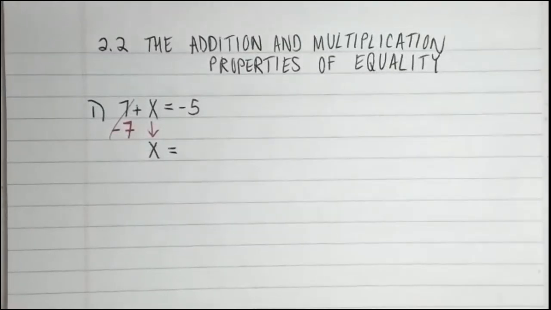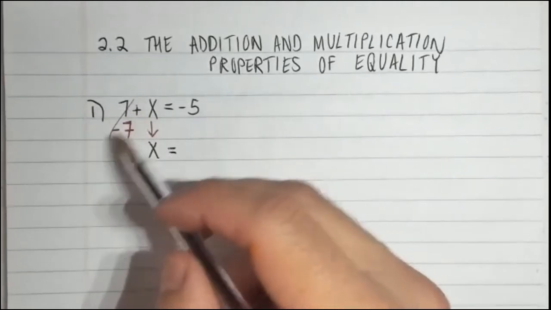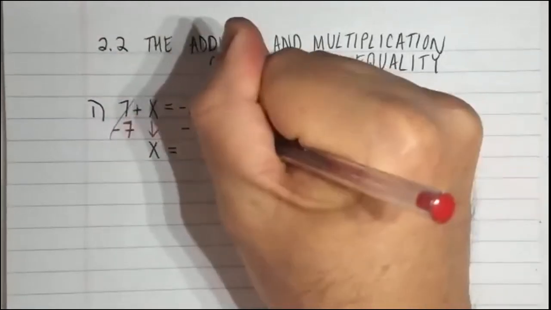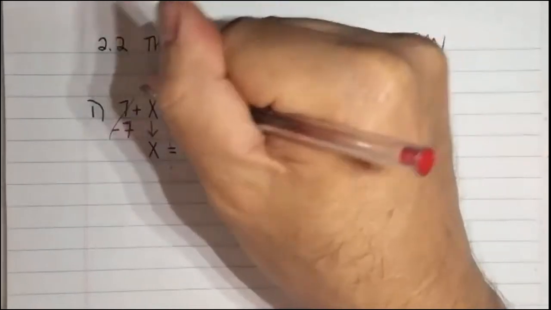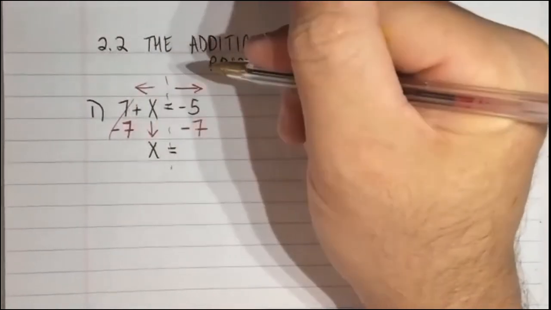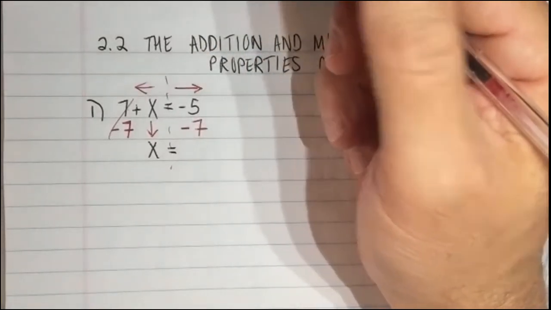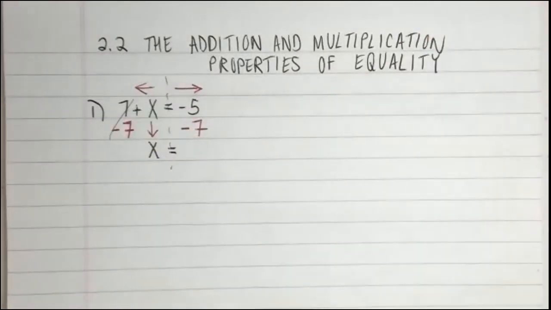What is important to remember is whatever I do to one side, I have to do the same operation to the other side. When we talk about sides, we're talking about the two sides of the equation.